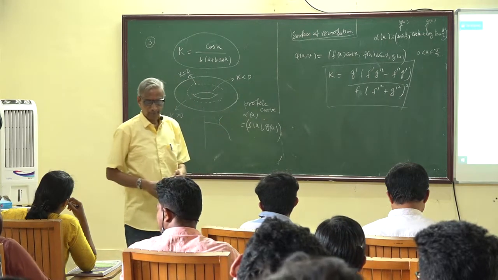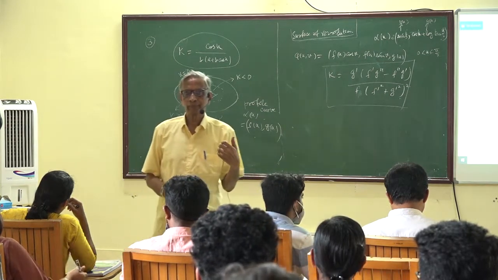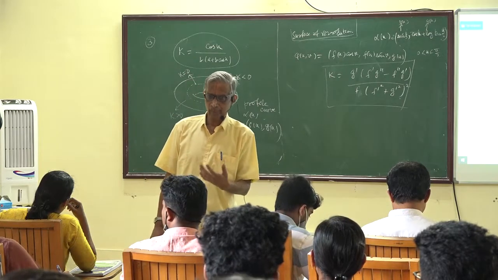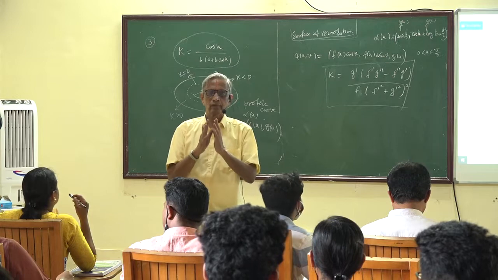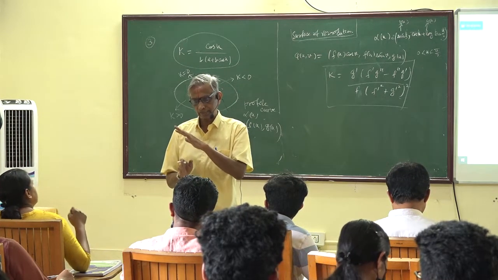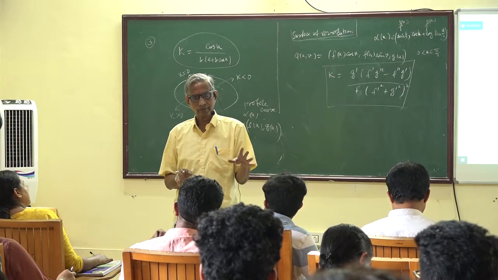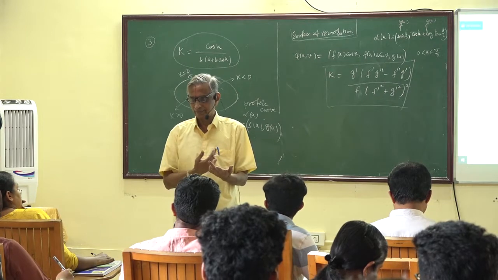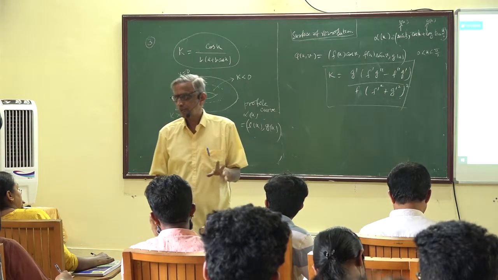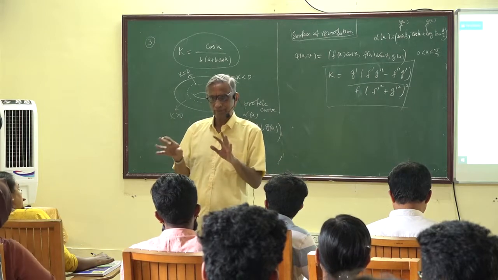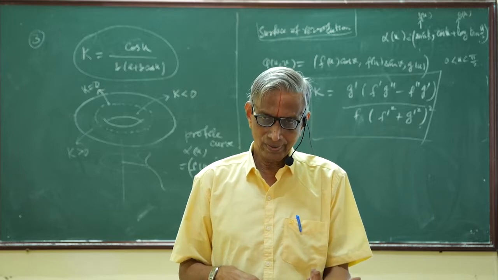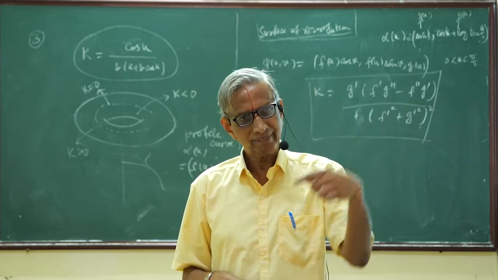So let us look at a particular example of this kind, which gives you constant negative curvature. We already have seen examples of surfaces with constant curvature 0. What are the examples? Plane, cylinder also, right? Although of course the difference between the plane and the cylinder is that for the plane the curvature is 0, but what about the eigenvalues?